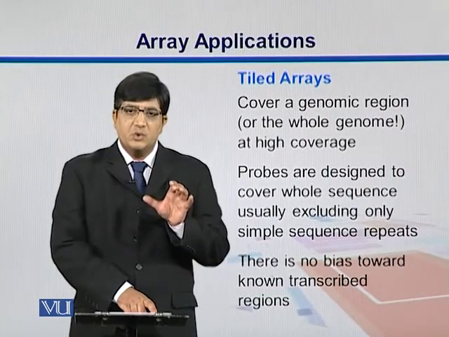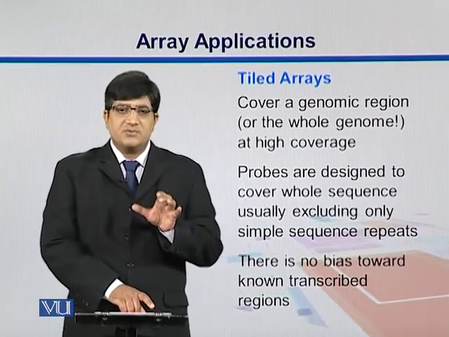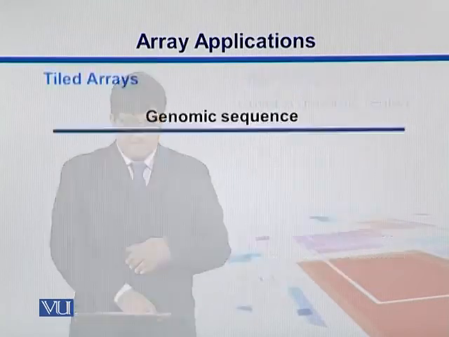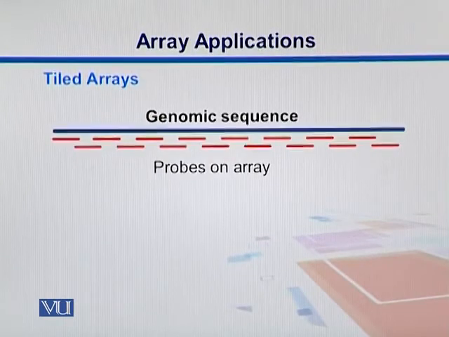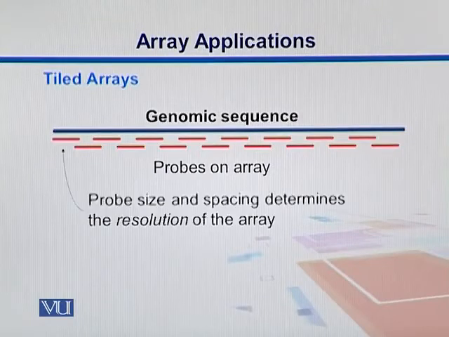So you take the whole genome and then you make those probes from that. Here is the genomic sequence you try to cover with the probes on the array, and then you take your sequences and hybridize with them and see how much proportion of this genome has been conserved or how much proportion of this genome has been variable.